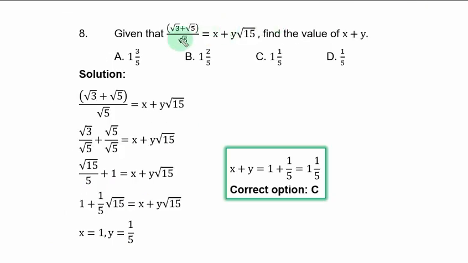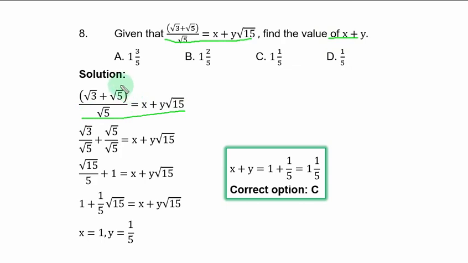Question 8. Given that root 3 plus root 5 over root 5 is equal to s plus y root 15. Find the value of s plus y. So you have the given problem. Now let's simplify the left hand side.